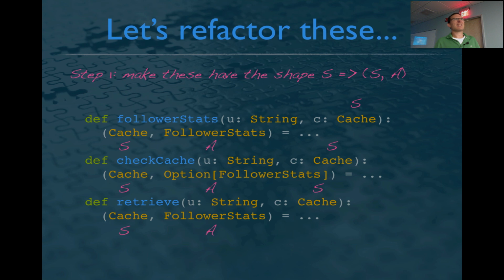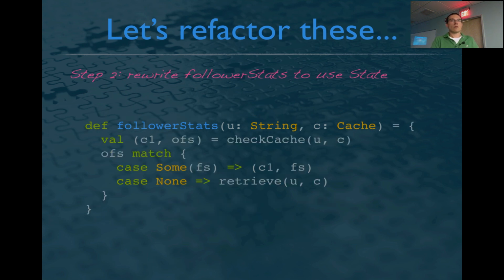But syntactically, that's a lot of noise when I go to use it. And Scala has this nice multiple parameter list feature, where I can just call followerStats with a string. As a result, I don't have to pass the second parameter, and I get back my function from S to (S, A). Okay? So here's our function implementation for followerStats. Let's make that refactoring.